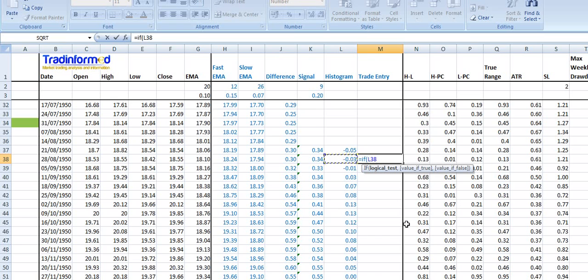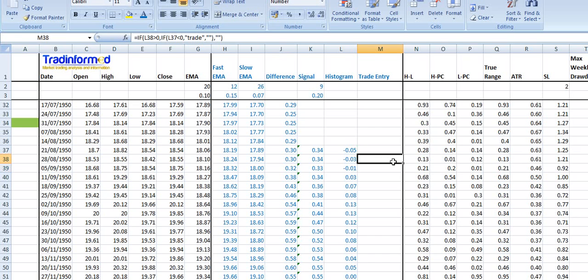So I calculate this, if this is greater than 0, and also if this is lower than 0, the previous day is lower than 0, then we've had a crossover. And I'm going to asterisk cell just to put the word text, and if not, then do nothing.